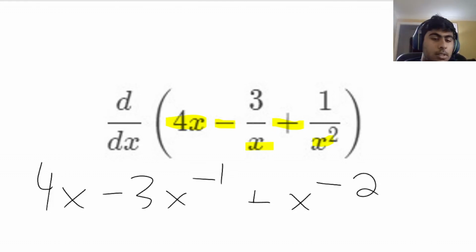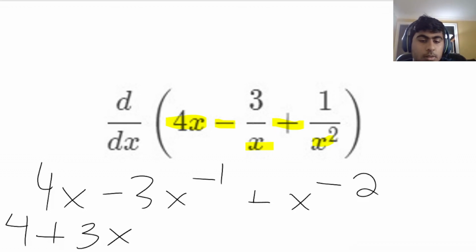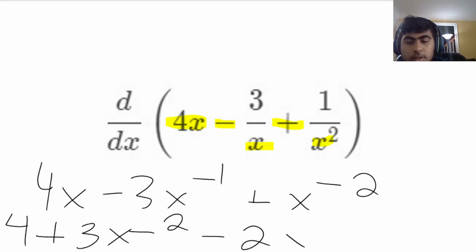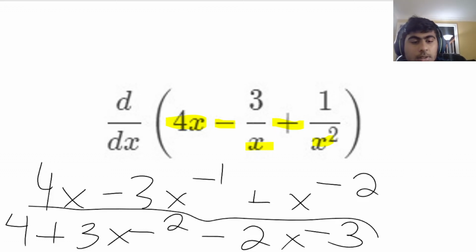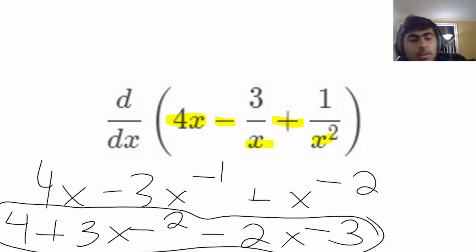Take the derivative of all this, we get this plus that, and then minus this. And that is our answer, because we're not asked to find the value of it. We're just asked to figure out what it is.